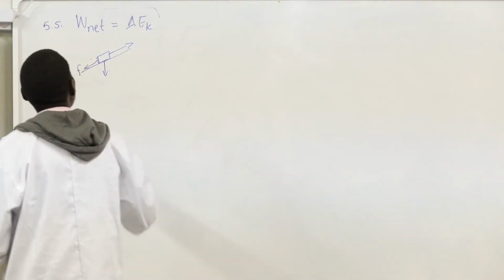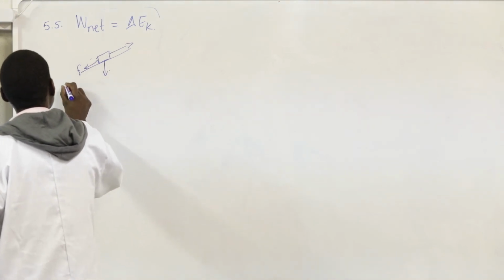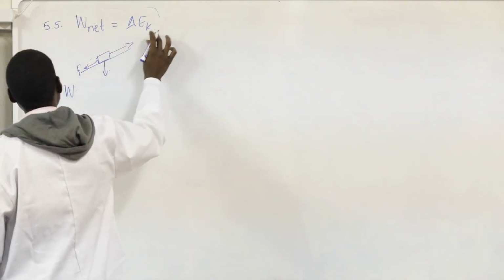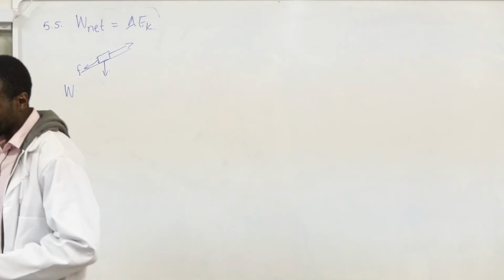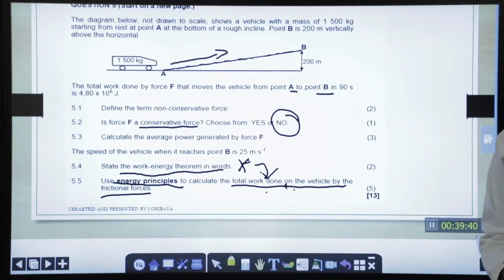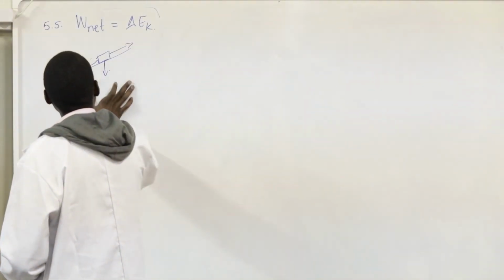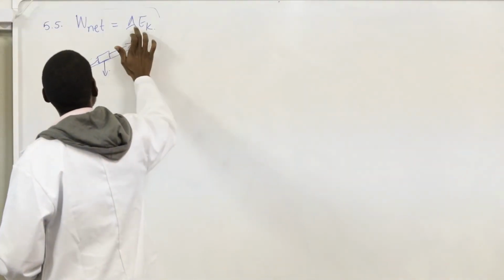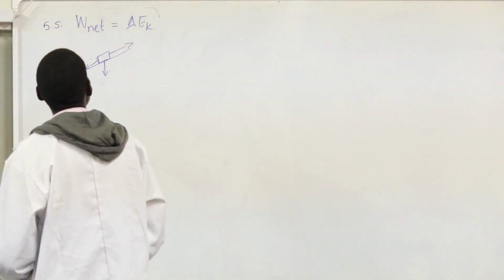So, if I am going to subtract the work done by the non-conservative force, or in other words, if I am going to consider the vector sum of all the forces that are involved here, they should give me EK.